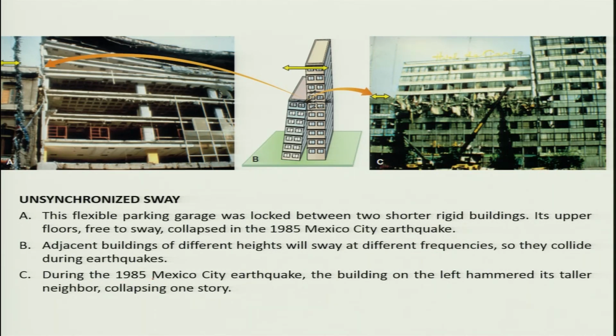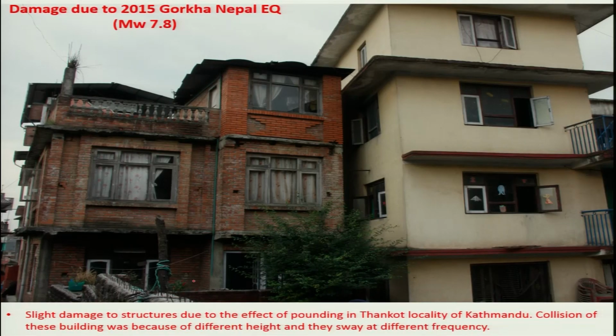A similar example, but fortunately it did not damage: what we see here is a shorter building and a taller one, and they have almost collided at this point here. This was from the 2015 Gorkha earthquake in Nepal.